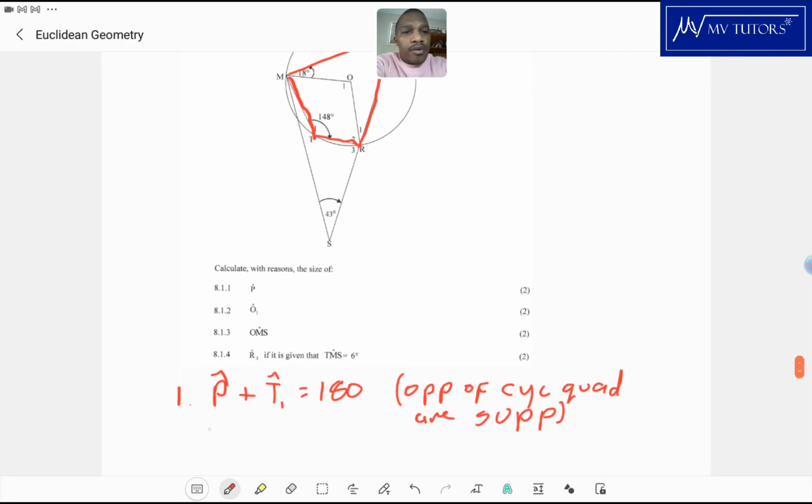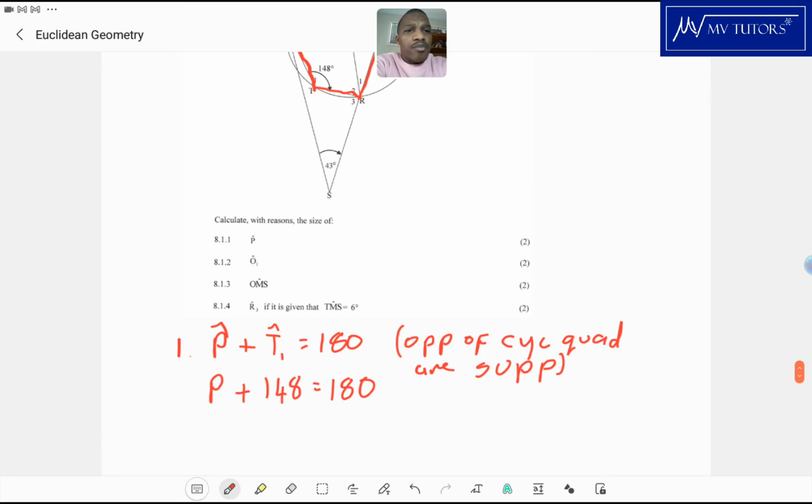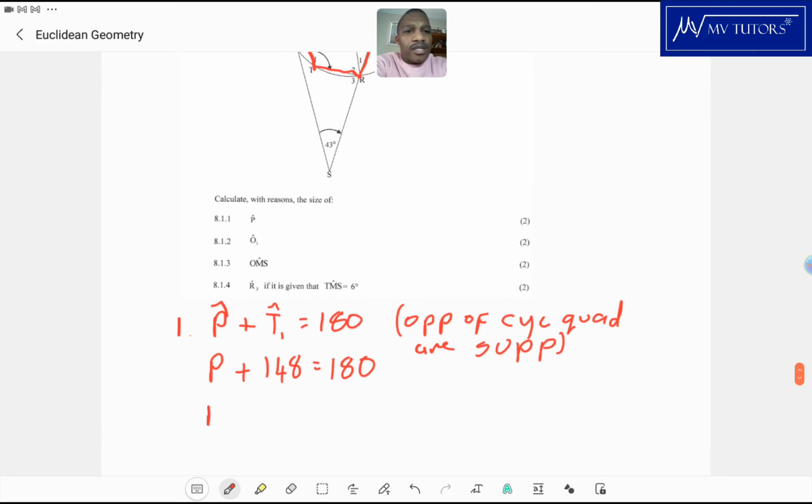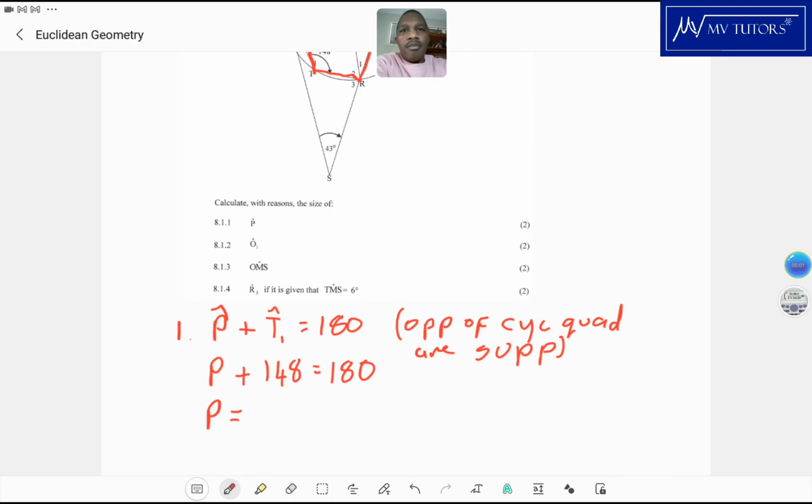Now, P is what we are actually looking for. T1, we already know it's been given as 148. That equals 180. Okay, so at this point, we would need a calculator to say 180 minus 148. Just hold that thought. Let me go get a calculator. All right, I got my calculator now.